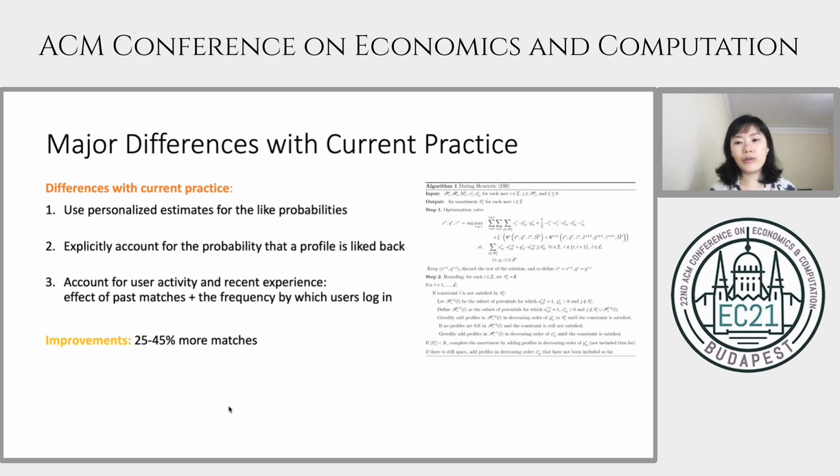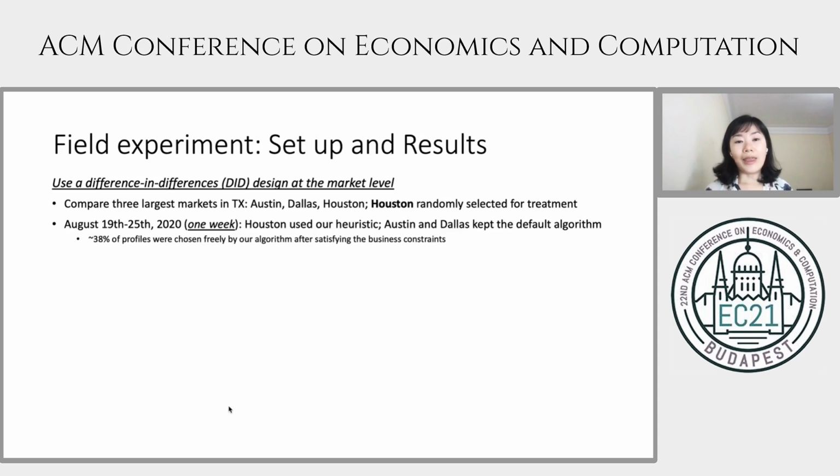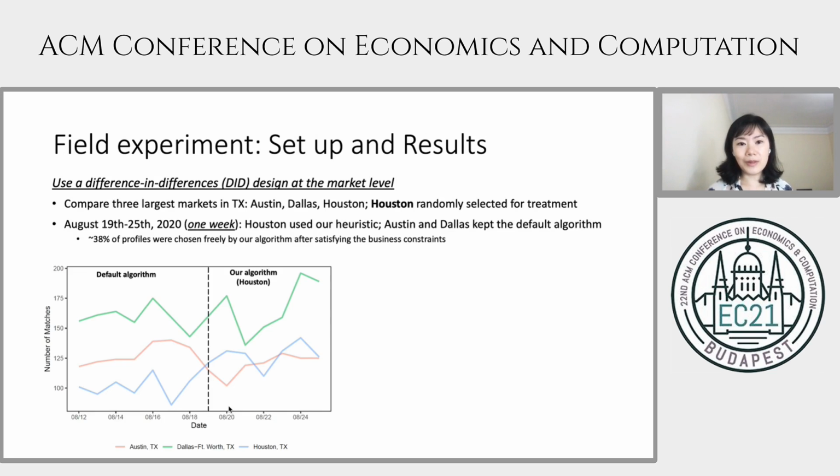What we show through simulations is that our algorithm improves match rates by 25 to 45%. And then we implement our algorithm through a field experiment. We look at the three largest markets in Texas: Austin, Dallas, and Houston. Houston is randomly picked as the treatment market, and Austin and Dallas are the control markets.